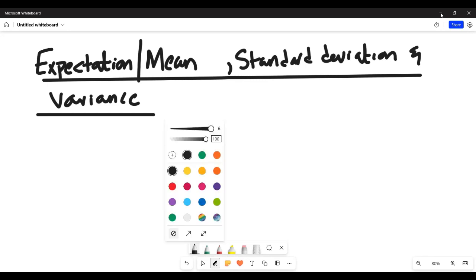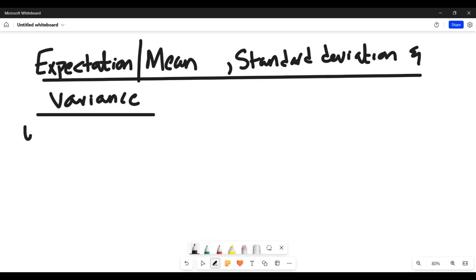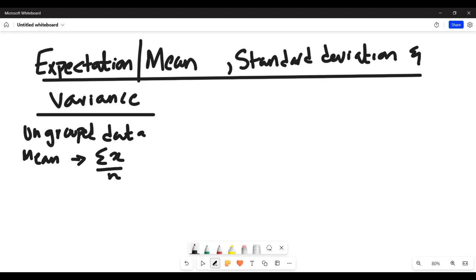So we've already discussed that when we have ungrouped data, then the mean is summation x upon n. This we know from O levels.